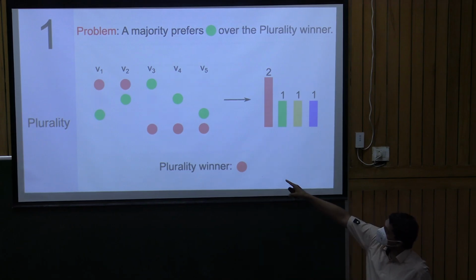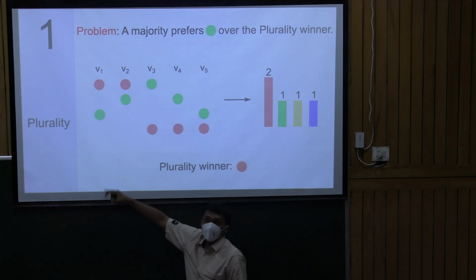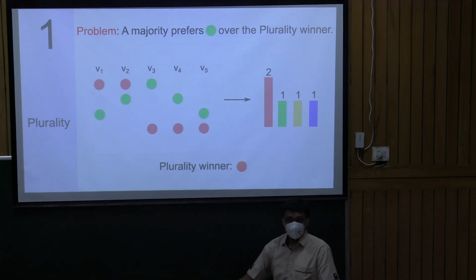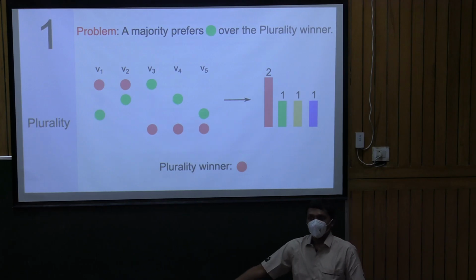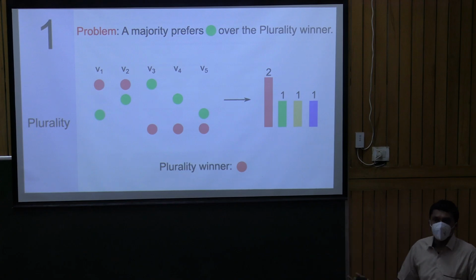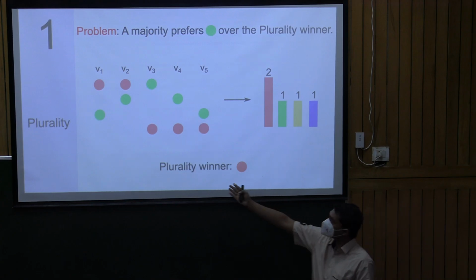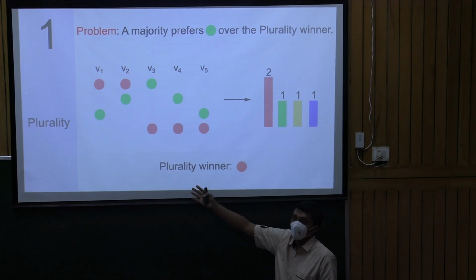But if you look at how voters vote between just red and green, a majority of voters prefer green over the plurality winner. So although plurality sounds very reasonable, very simple, very easy to explain, it has this glaring flaw that it could leave a majority of people dissatisfied.